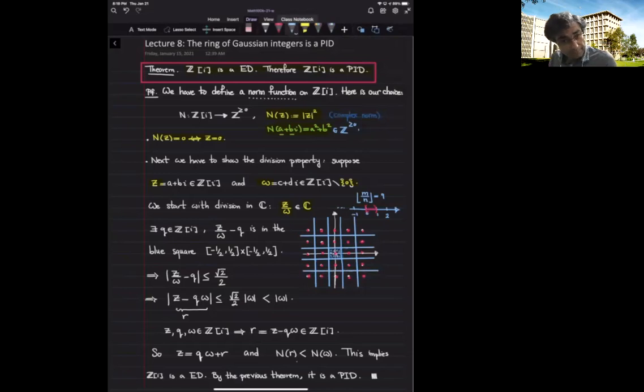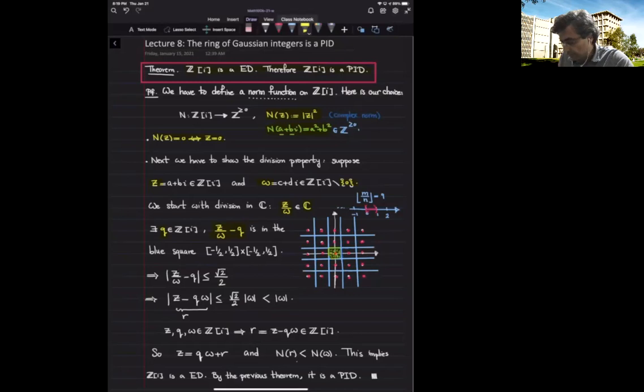What does that mean? Let's say I look at the fraction z divided by w, that's a complex point. I can definitely find some lattice shift, some Gaussian integer q, such that the difference between this complex number and this Gaussian integer belongs to this middle square.